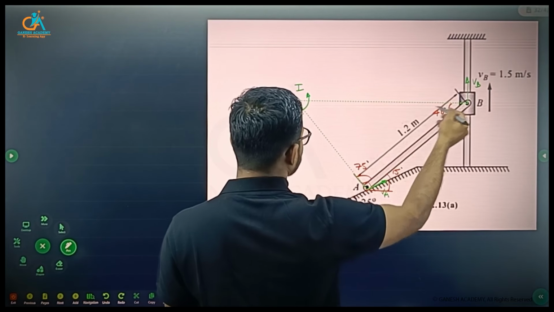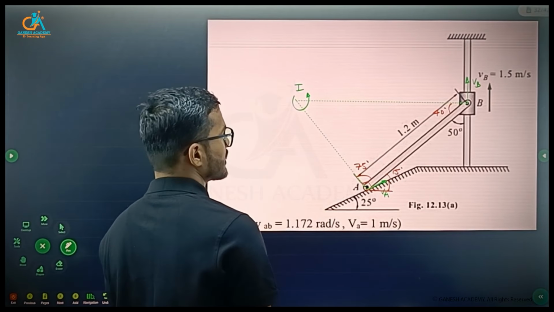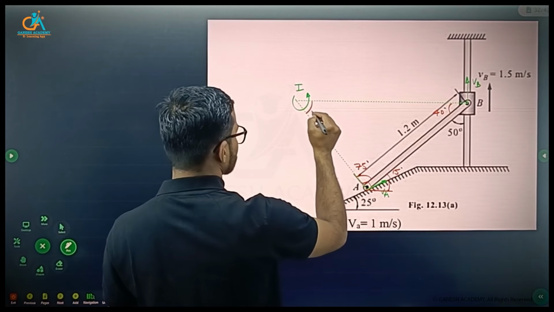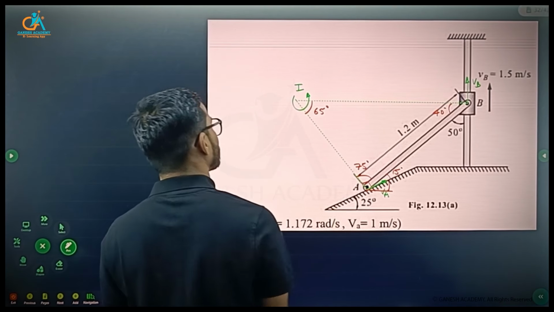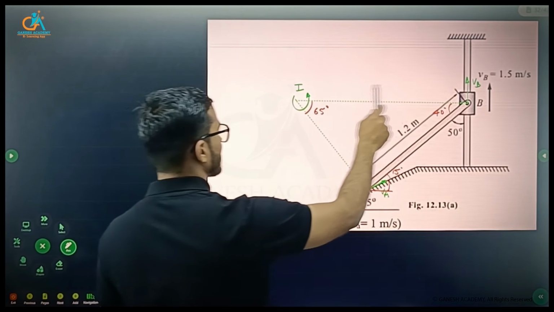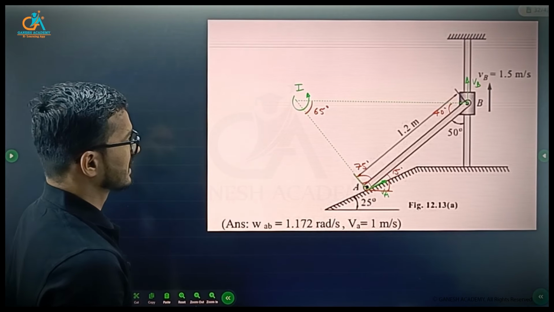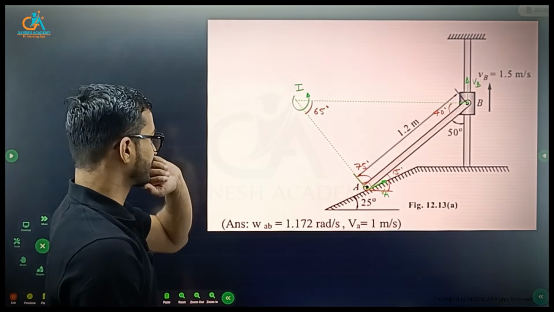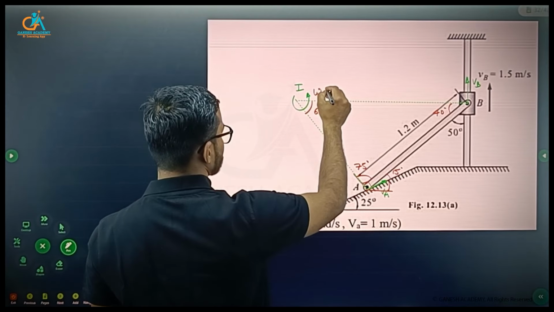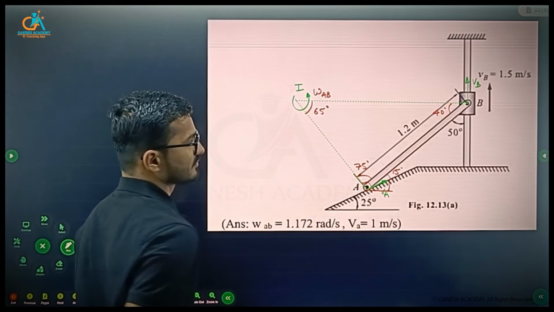And now in this particular triangle ABI, if this is 75 and this is 40, the remaining angle should be 65, so that the addition of these three angles of the triangle is 180. So I have located the instantaneous center of rotation. This is the angular velocity, let's say omega AB.